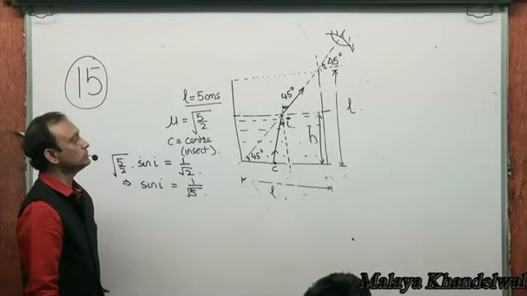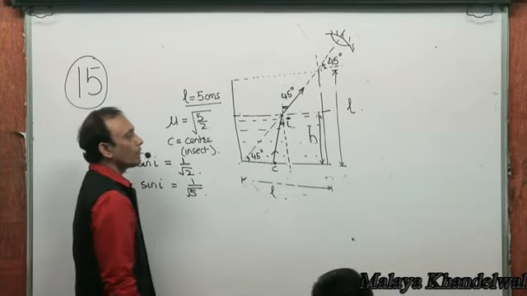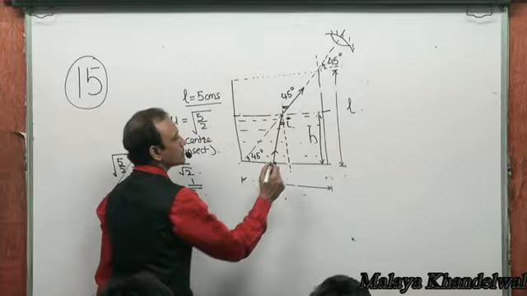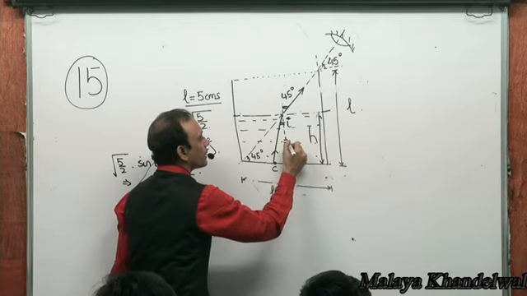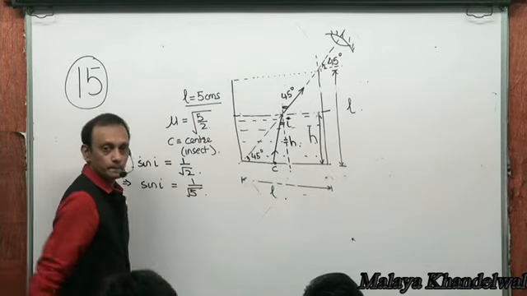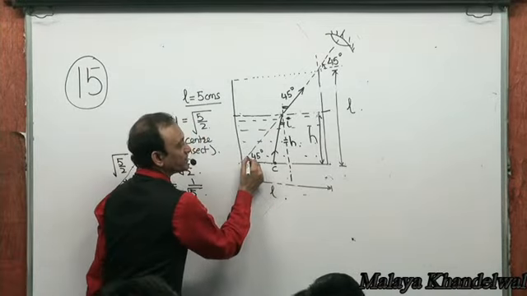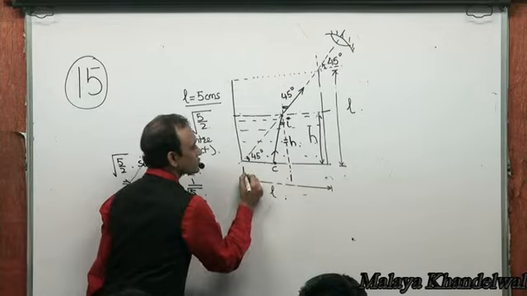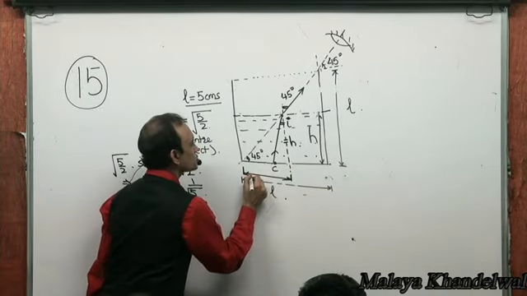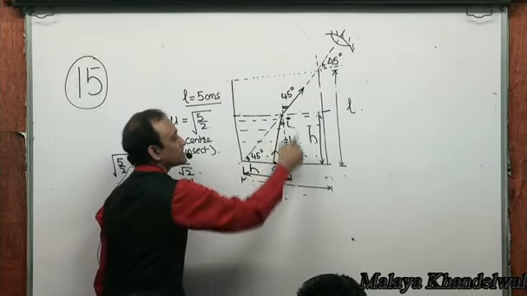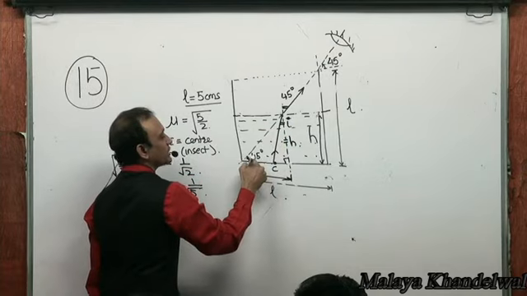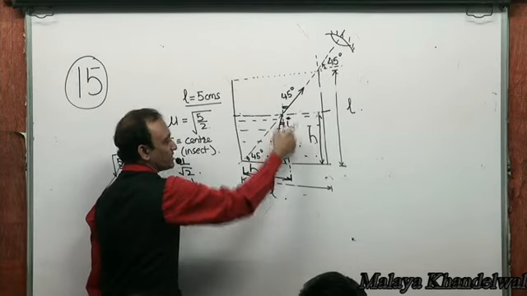Now realize that this height is h. This is 45 degrees, so then this also has to be h, isn't it? This is a right angled isosceles triangle, 45 degrees, 90 degrees, 45 degrees, so h and h.